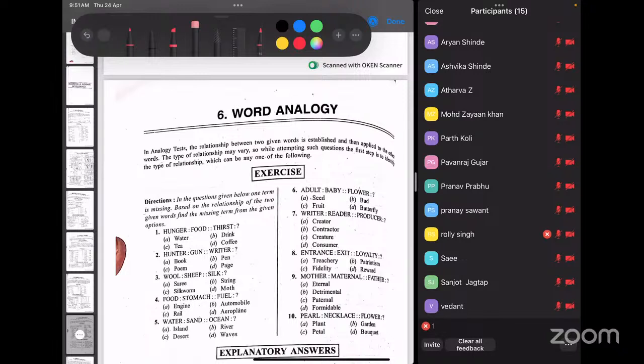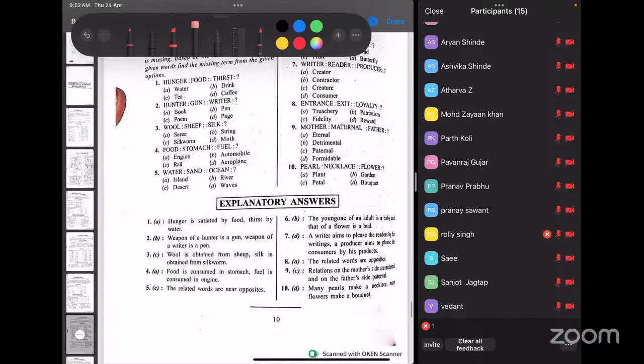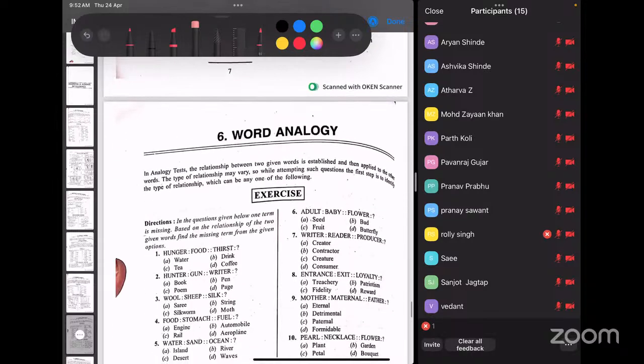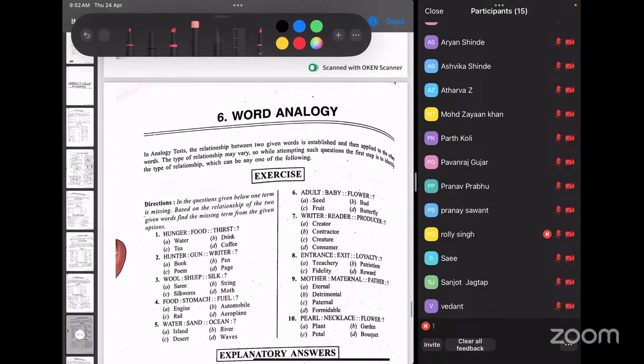Writer, pen. Yes, sir. Wool, sheep. Silk, silkworm. Food, stomach. Fuel, engine.